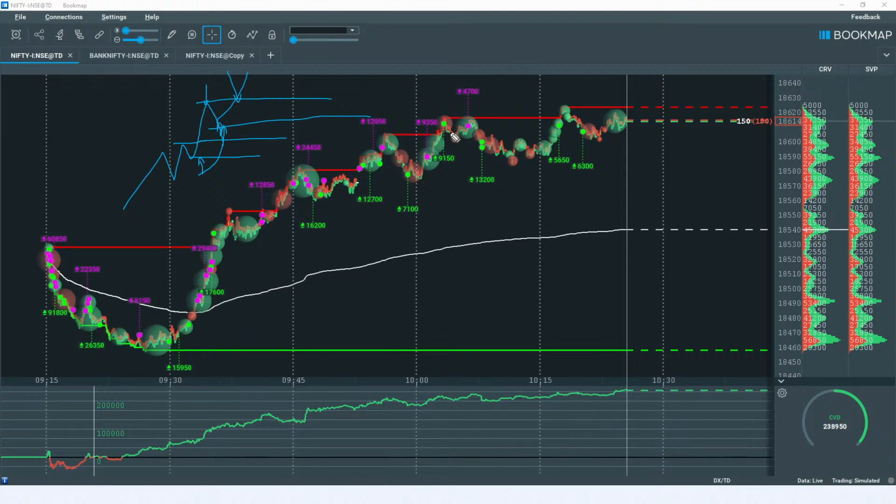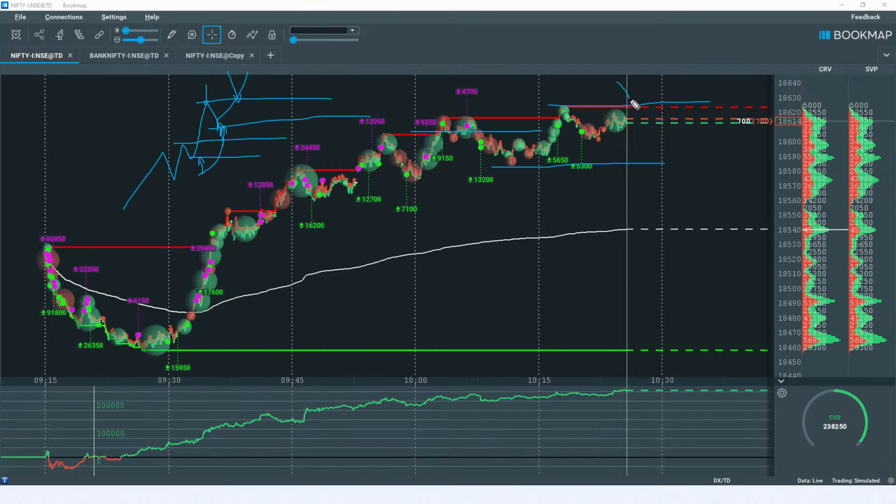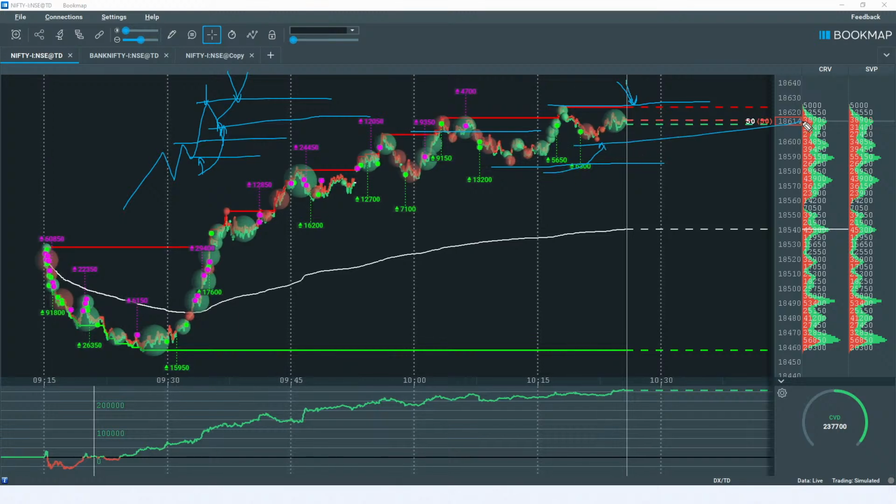So assume that you have taken an entry over here. Until the market breaks out here, if your stop loss is over here, you don't do anything. You simply keep your stop loss over there. Once this particular level gets broken, then you will move your stop loss to the last swing low. I hope this is clear.